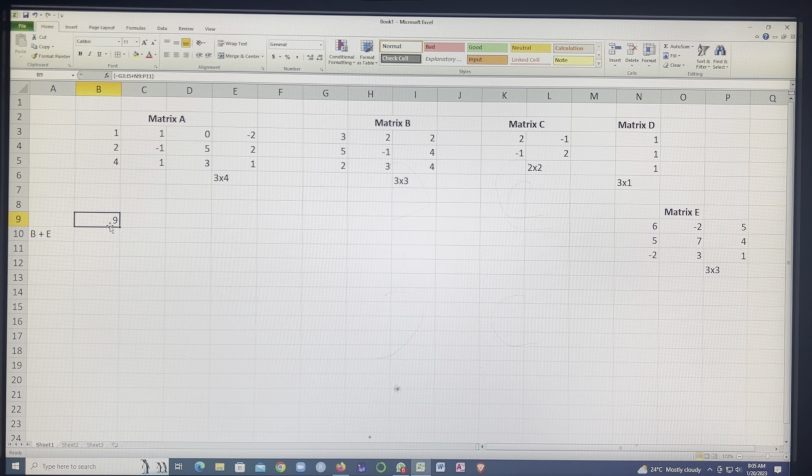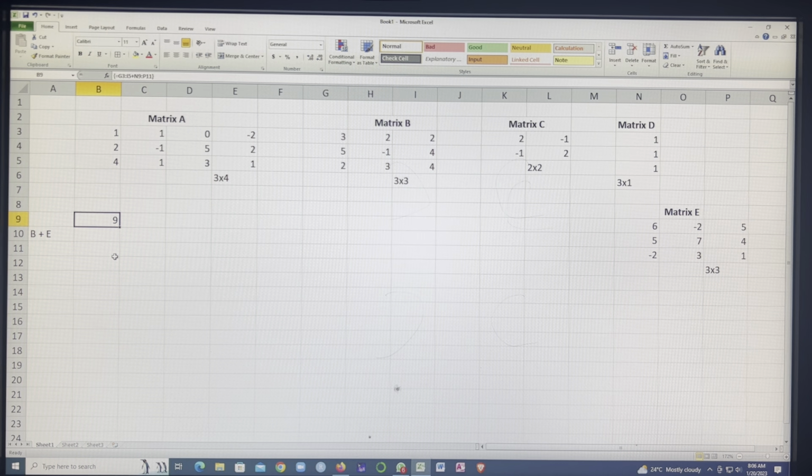So it gives me 9. You look at matrix B, the first element is 3, and in the other matrix the first element is 6. So 3 plus 6 is 9. The reason why it gives me only the first element result was because I was only working in a single box. Since this matrix plus this matrix will end up in a 3 by 3 matrix, I should have highlighted a 3 by 3 matrix space.